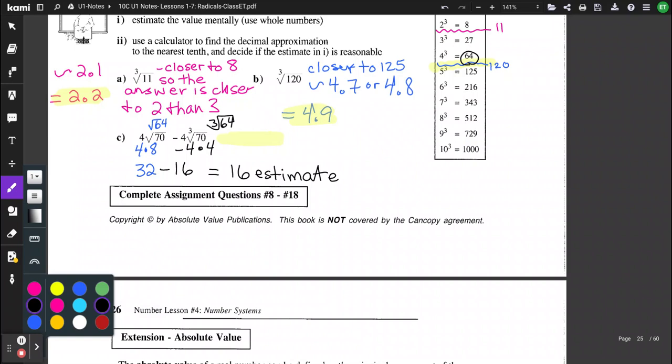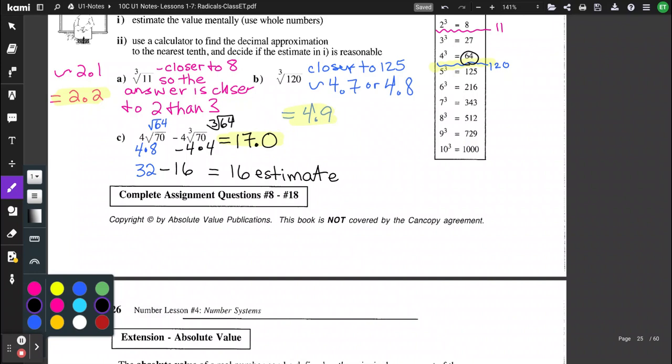What are we getting for an actual answer on this one? Yep, what'd you get there? Yeah, 17.0. Perfect. So the actual answer is about 17. Our estimate of 16, really close.